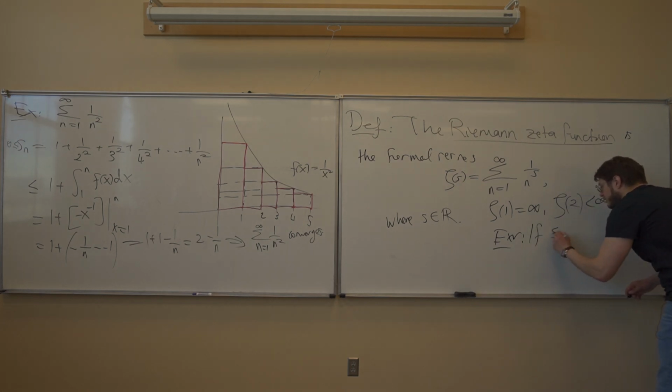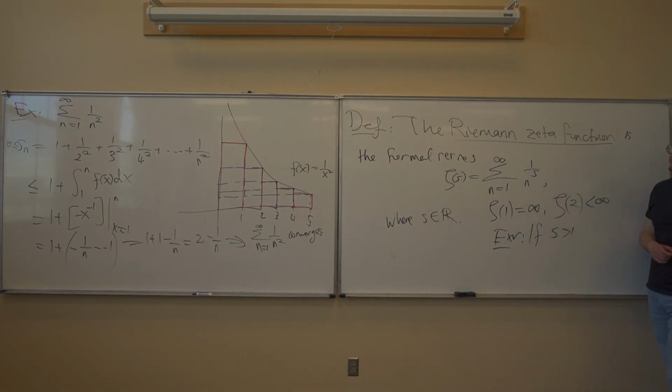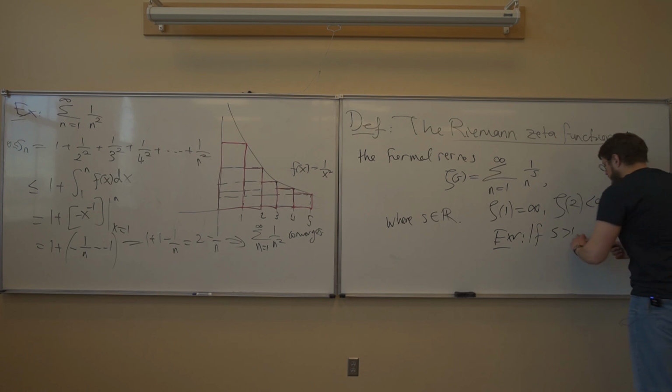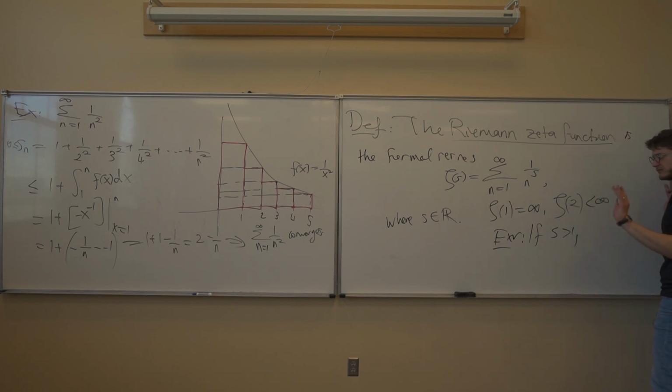If s is greater than 1, then zeta of s is convergent.